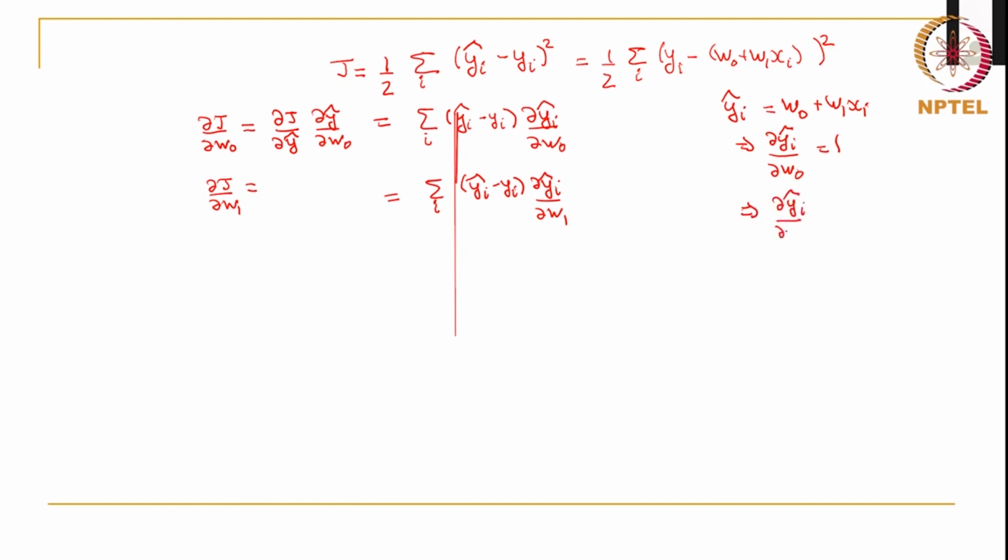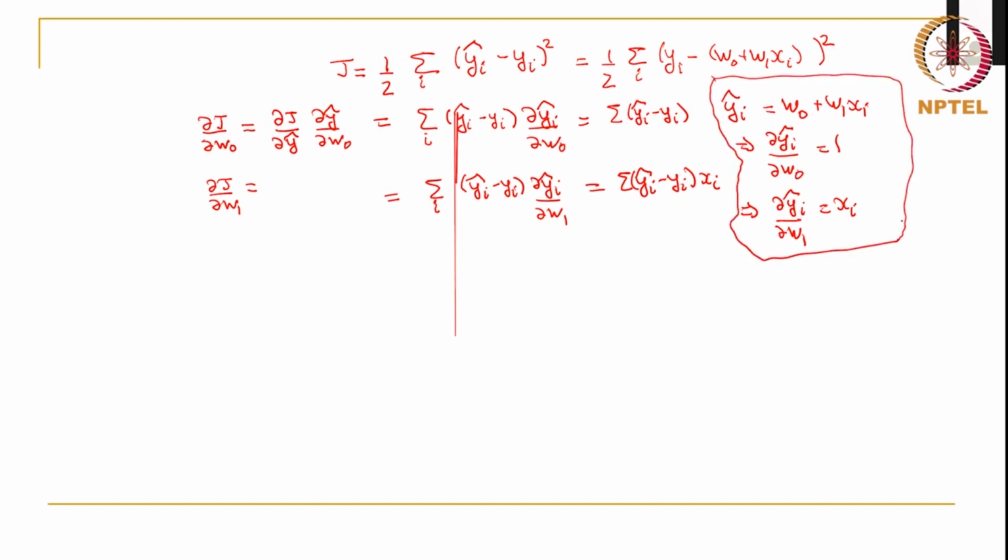And del y hat I del W1 is xi. So what you should get is sigma y hat I minus yi, and you should get sigma y hat I minus yi times xi. Does everybody agree with this? Any questions? I did the algebra a little bit fast. It should not be very complicated. Questions? Is everything clear?